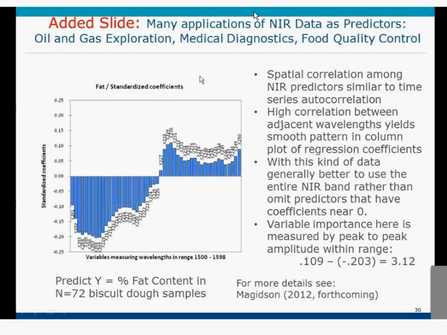There are many applications of NIR data as predictors, in oil and gas exploration, medical diagnostics, and food quality control. And this presents a substantively different kind of application than the previous one.